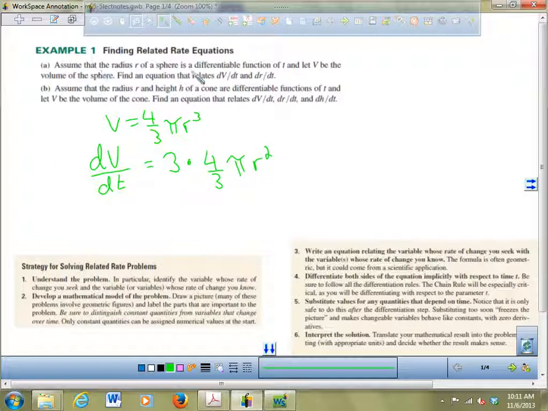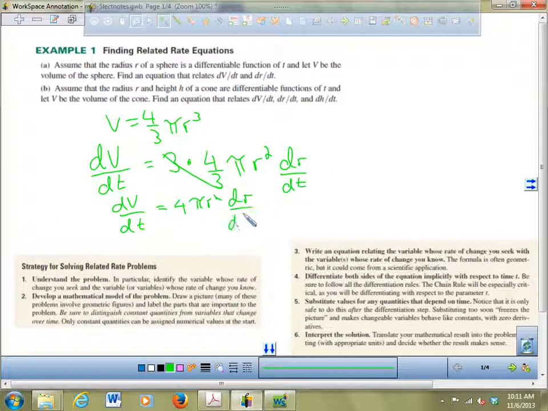Assume that the radius is a differentiable function. Whenever you take the derivative of something, you apply the chain rule by multiplying by dr/dt, or whatever the variable is.